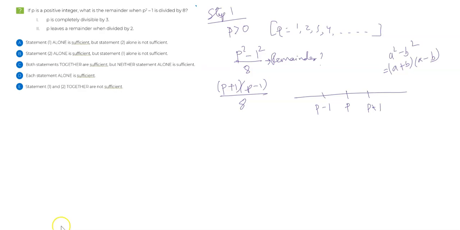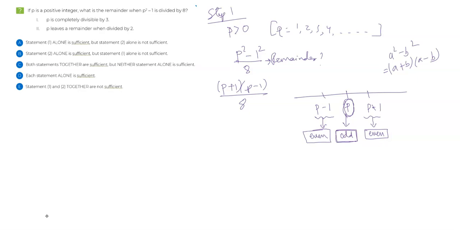Now what is the significance of this? Well, here's an interesting thing that can happen with any three consecutive integers. If this p turns out to be odd, then p minus 1 and p plus 1 both end up being even.